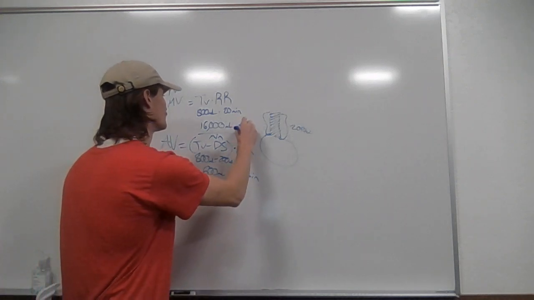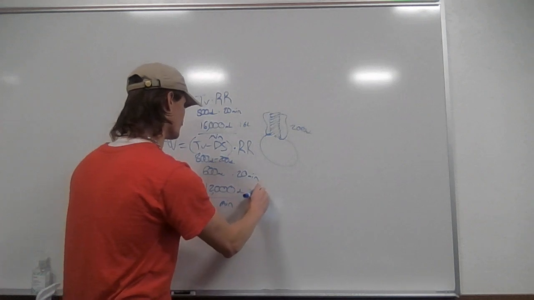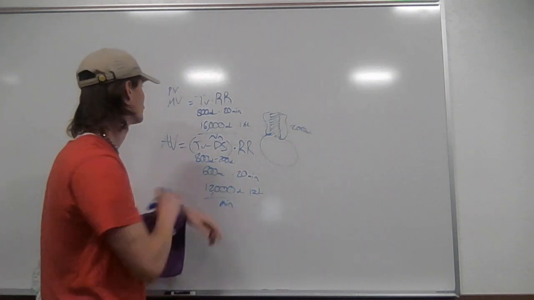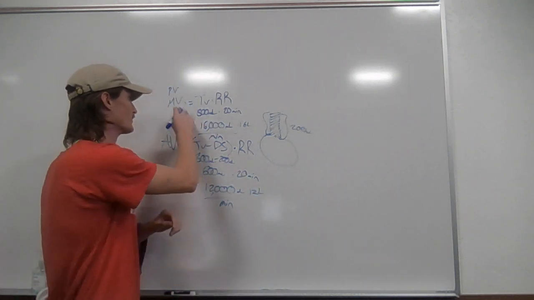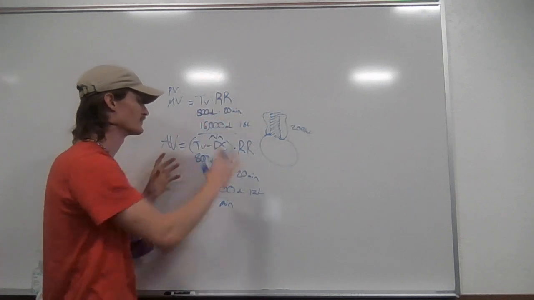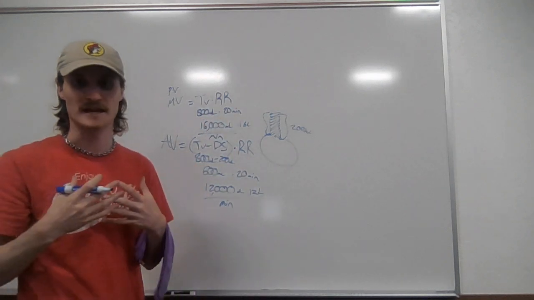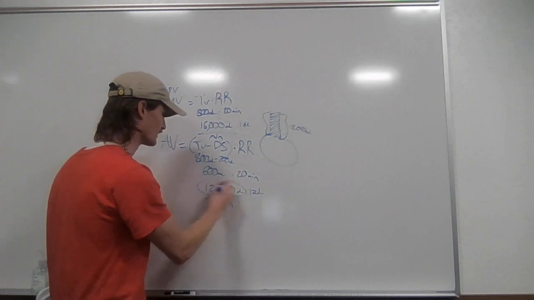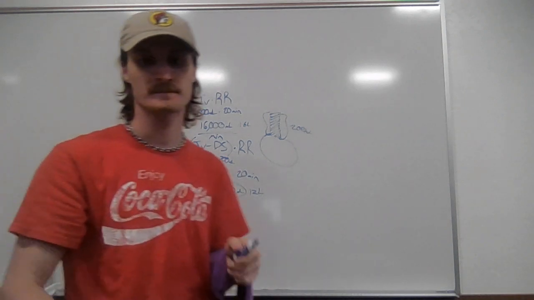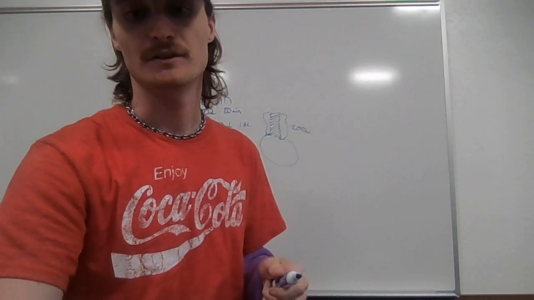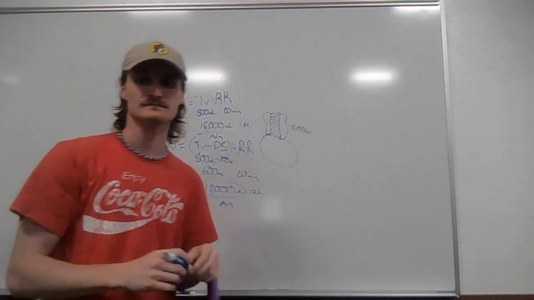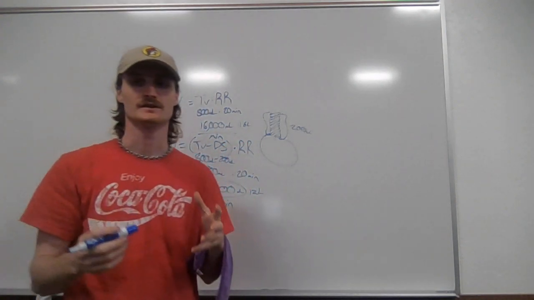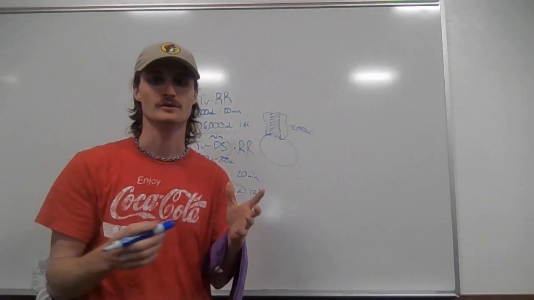So this is 16 liters, and this is going to be 12 liters, which is a noticeable difference, because this is how much air we're able to take in from the atmosphere, but this is how much we actually have going on in our gas exchange. So the benefit of slow, deep breaths is that it's going to increase alveolar ventilation.